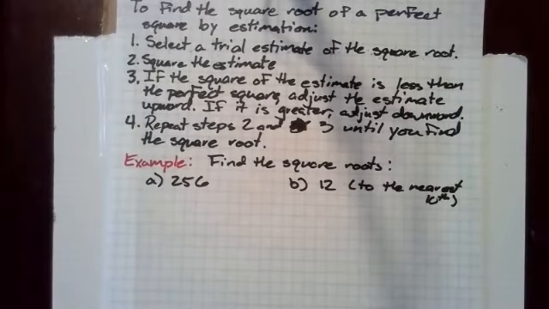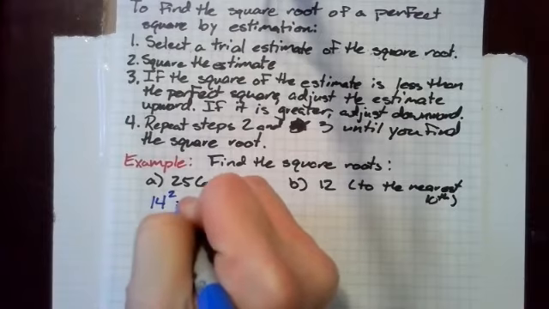Now, in the book, they give the first estimate for the square root of 256 as 15. And I have a problem with this because any odd number multiplied by another odd number is odd, but 256 is clearly even. So instead of choosing 15, I'm going to choose 14.